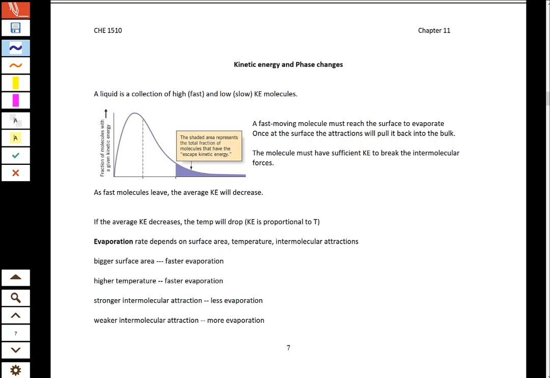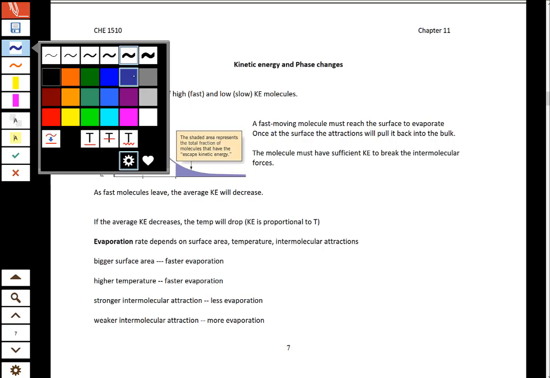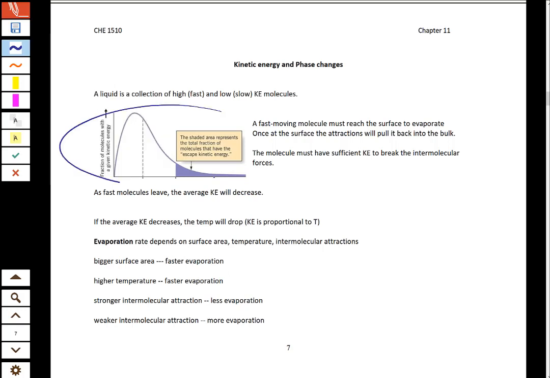This graph is showing the fraction of the molecules that have a given kinetic energy, and the x-axis is the amount of kinetic energy increasing, going this direction.